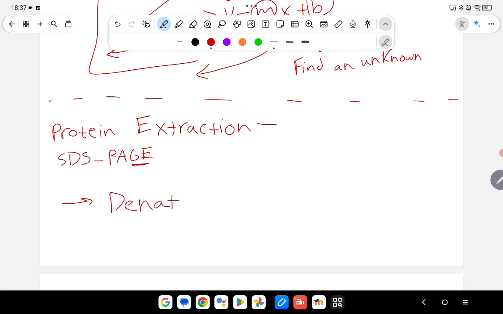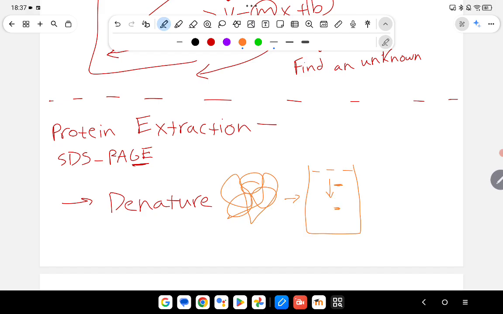before you do SDS-PAGE, right, is if I have a protein and it looks like this, I'll fold it up nice and neat in its tertiary structure, right? That might affect how it passes in the gel, right? You might have some of this protein here, some of it here, some of it here. It might not process correctly.